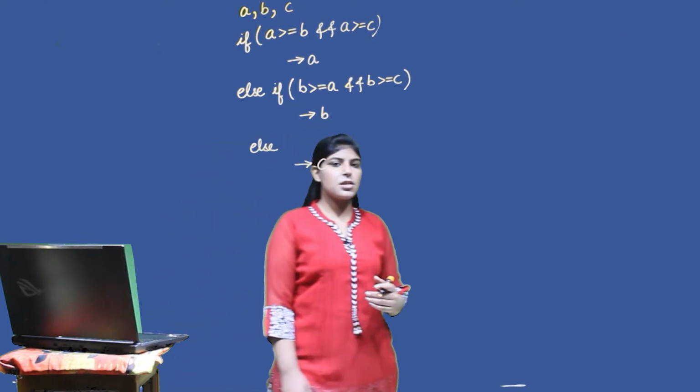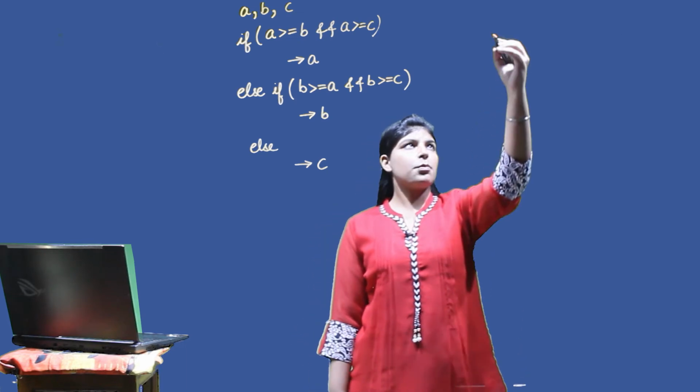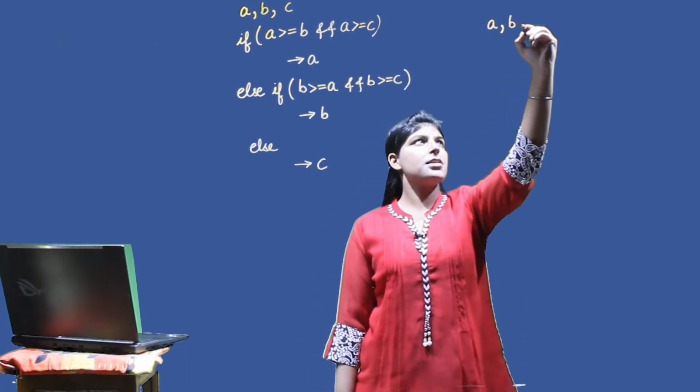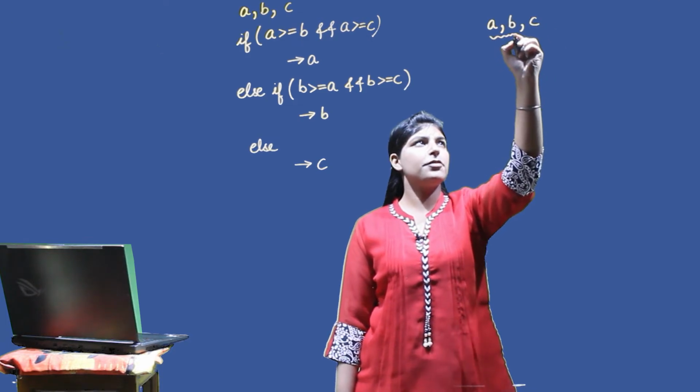We can also solve this using nested if. Suppose I compare only 2 numbers instead of A, B and C. So we have 3 numbers A, B, C, and I compare only the first 2.